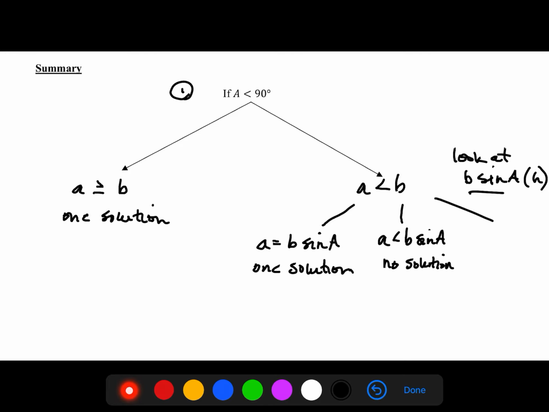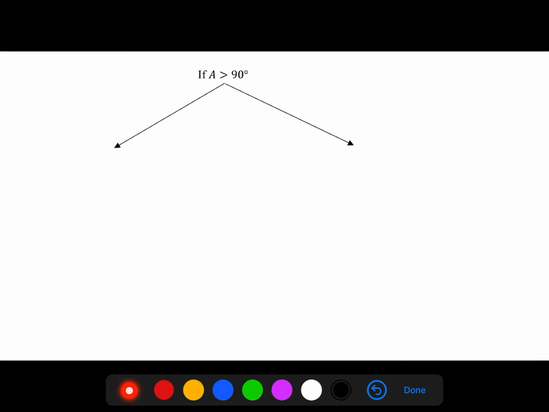If A is shorter than the height of our triangle, we're going to have no solution. But if A is greater than or longer than our height, now we're going to have two solutions. Okay, so that's if our angle is less than 90.